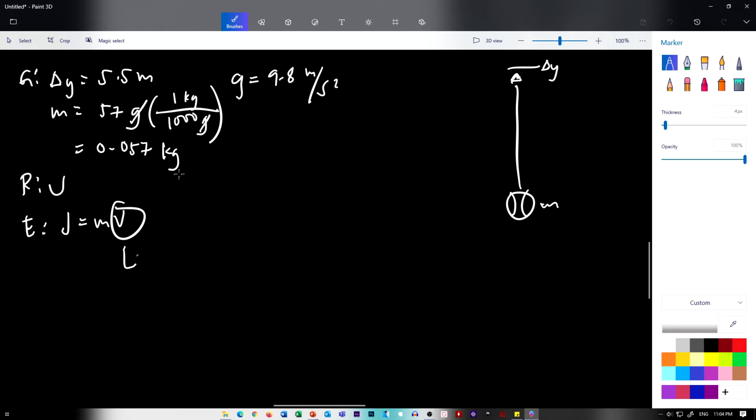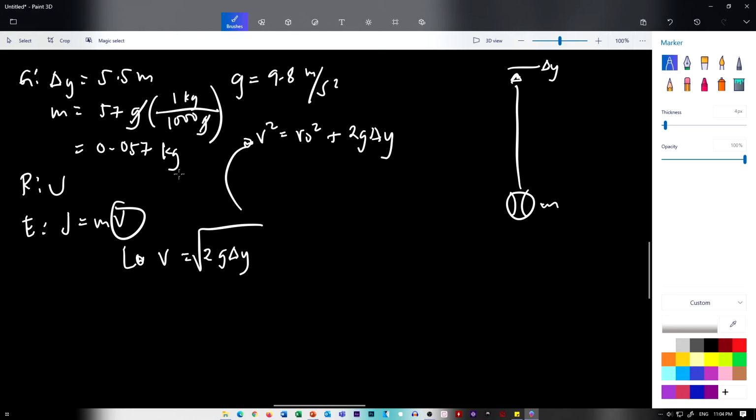So our velocity in this case, what equation can we use? Square root of 2g delta y, right? Correct? Coming from the fourth kinematic equation. Diba? This is derived from the fourth kinematic equation: v squared equals v sub 0 squared plus 2g delta y.